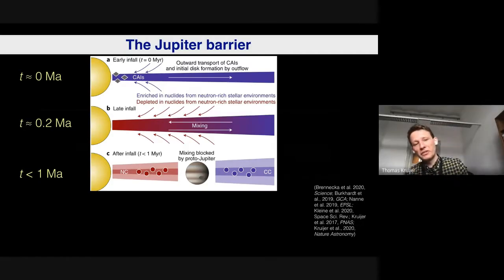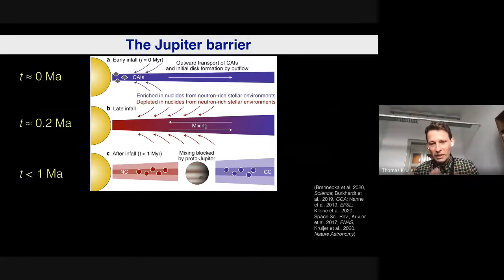Once this core reached about 10 to 20 Earth masses, it would have basically reversed an inward drift of particles and hampered mixing between these NC and CC reservoirs very efficiently. What this would then mean is that the NC reservoir basically represented the inner solar system, and the CC reservoir the outer solar system.